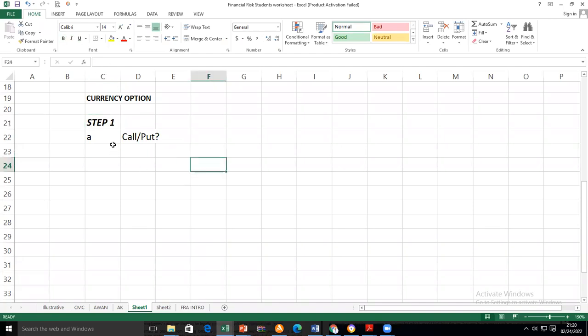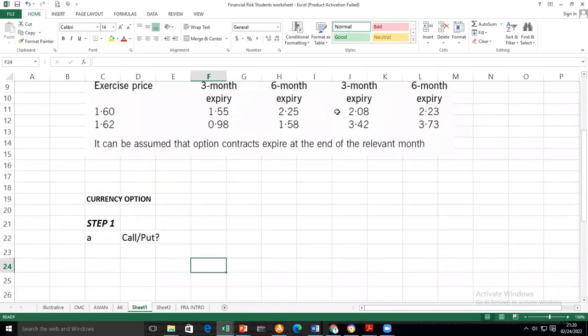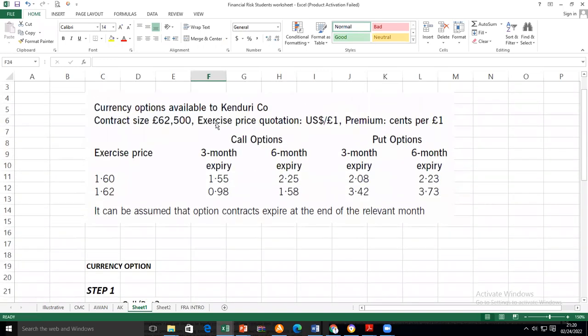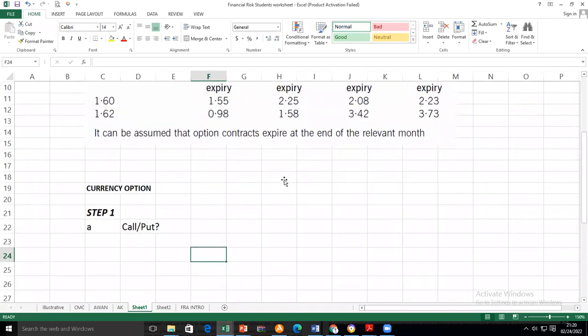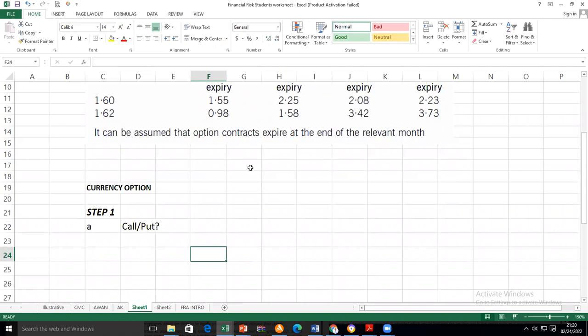The answer is we need to go back to the currency market. Now I hope you remember the facts here. Who remembers the facts? What was our exposure? We were expecting a receipt, or is it, of 20 million euros?